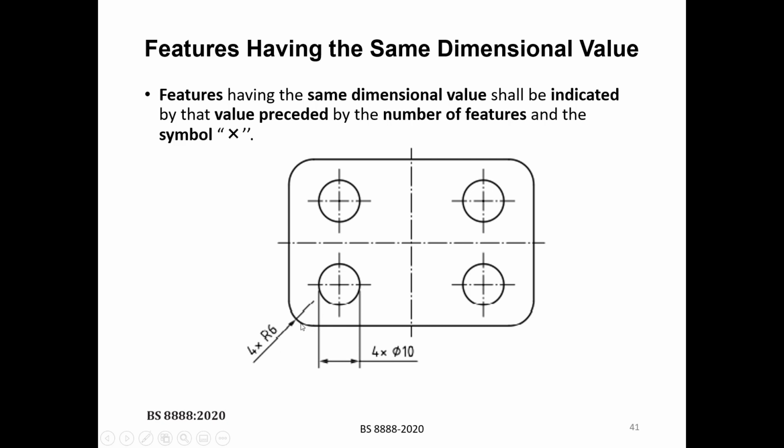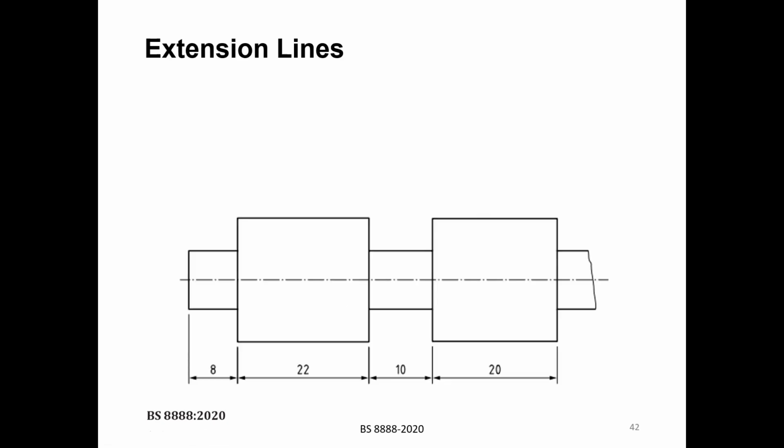The same for this arc: 4 times R6, so the radius of this arc is 6 millimeter, and we have 4 of them, 1, 2, 3, 4, each having the same radius.